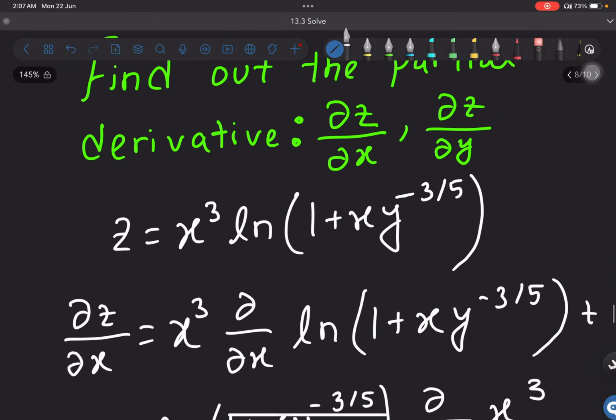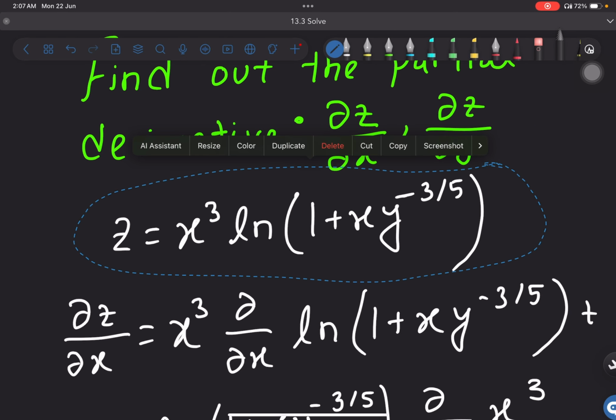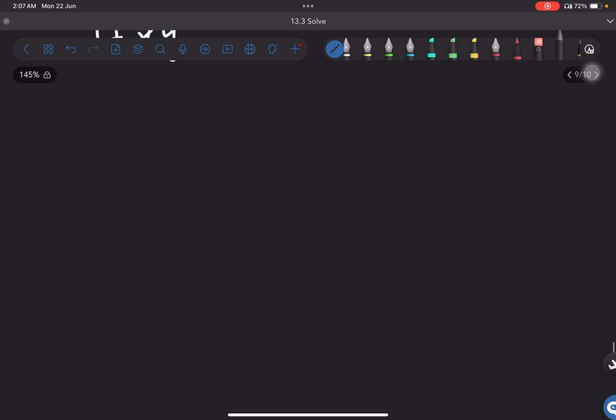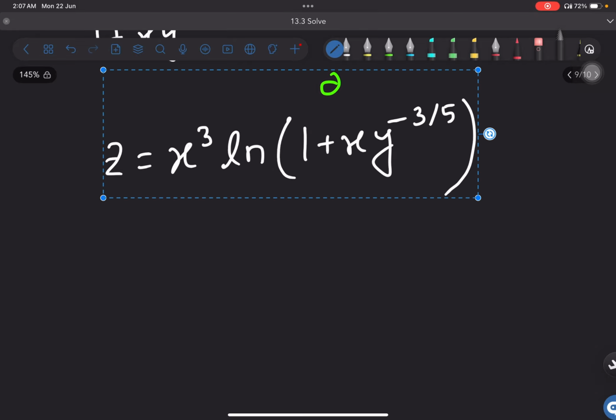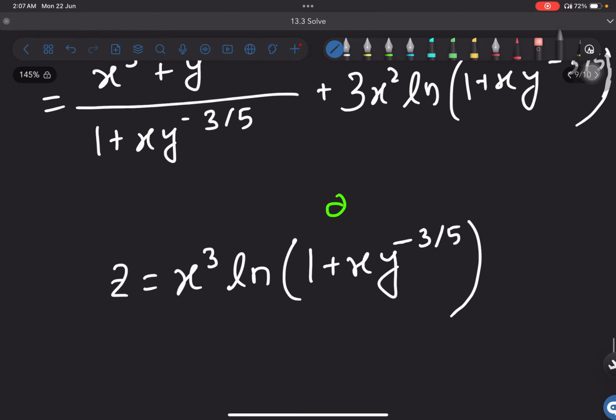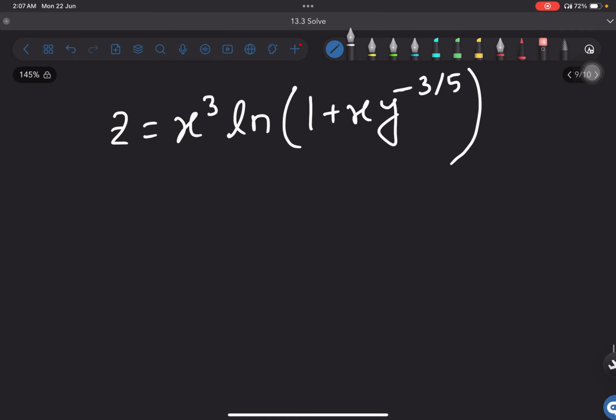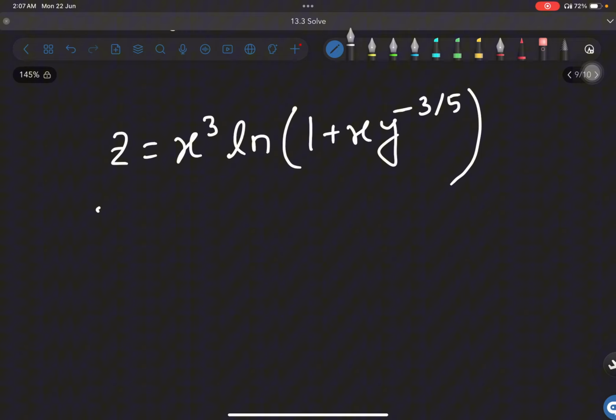Now, how do we solve this math for y? This will be our second part, and this is a bit easier if you ask me. And don't worry, don't be scared. I'll show you how. Remember, when we're doing partial derivative, del z by del y, everything else other than y in that function becomes a constant.